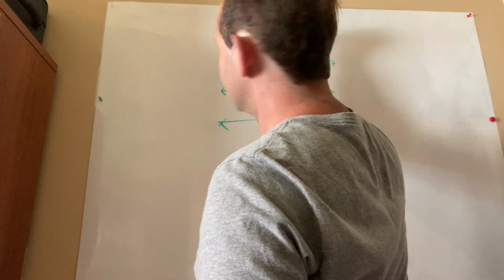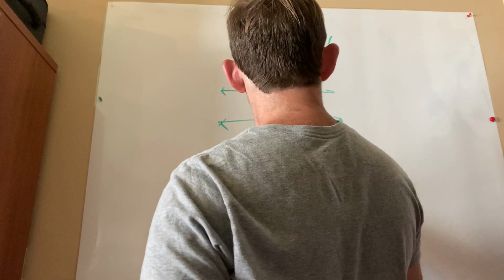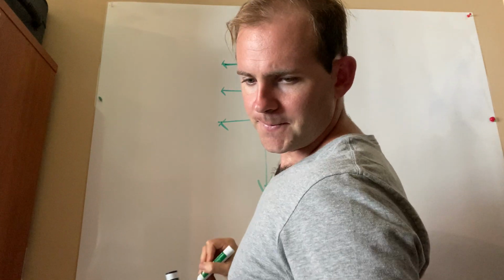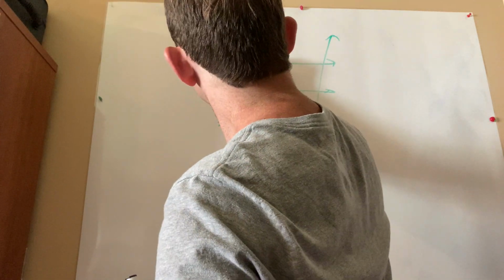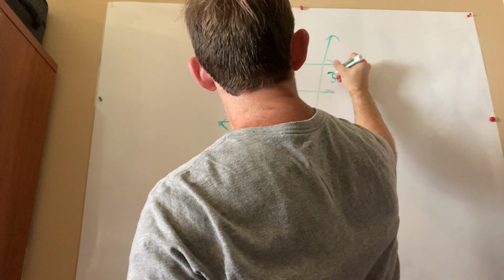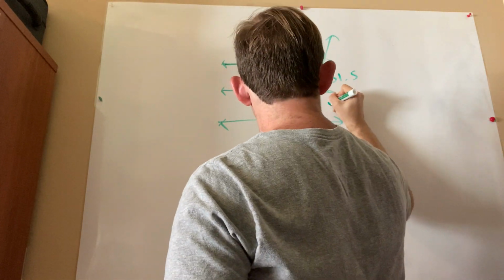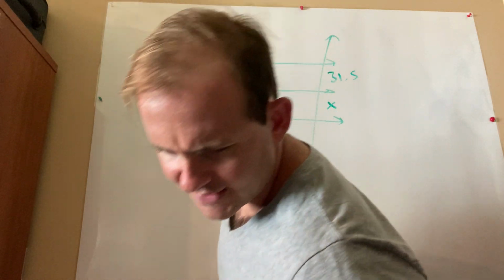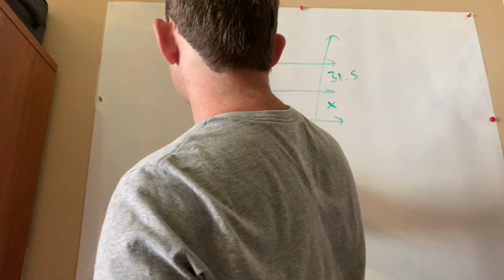I've got two transversals, like so, and they tell me this is 28, this is 31.5, this is x, and this whole thing here is 92.